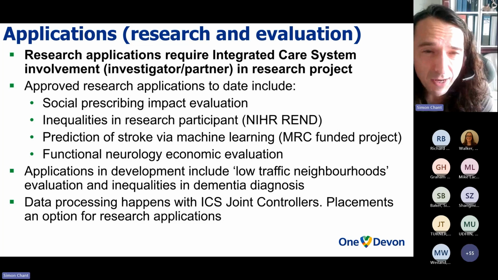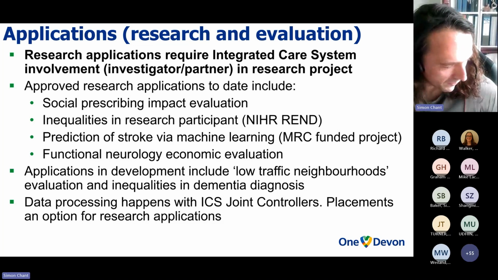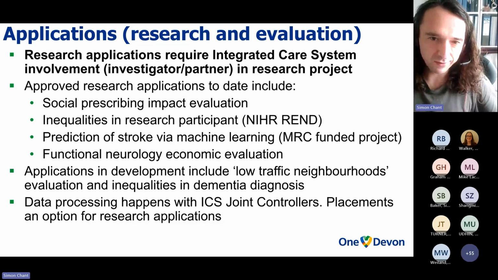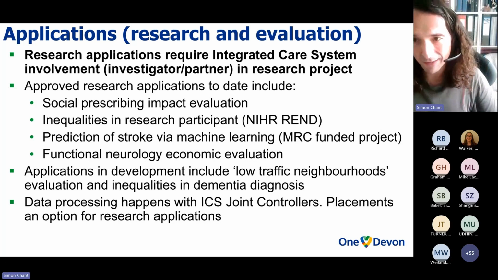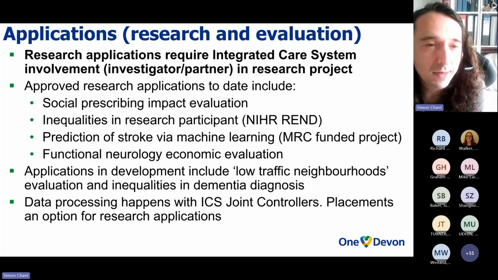So applications, I've got some specific ones here around research and evaluation. So first note there is that research applications require integrated care system involvement. So it would require one of those partners outlined earlier, in terms of those main NHS organisations, local authorities, GP practices to be involved in a research project.